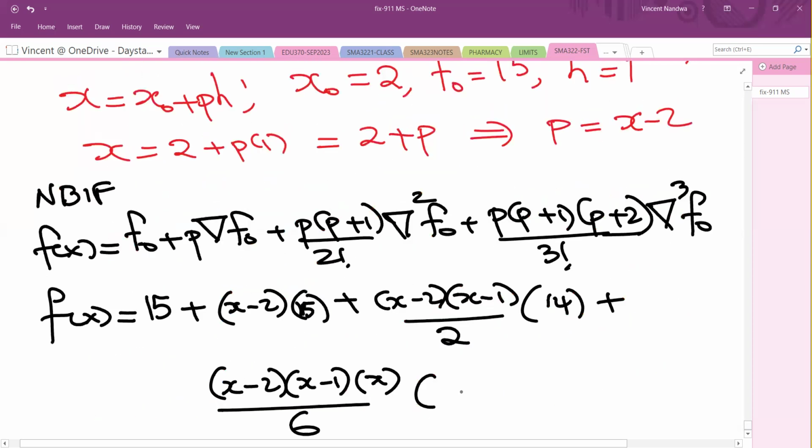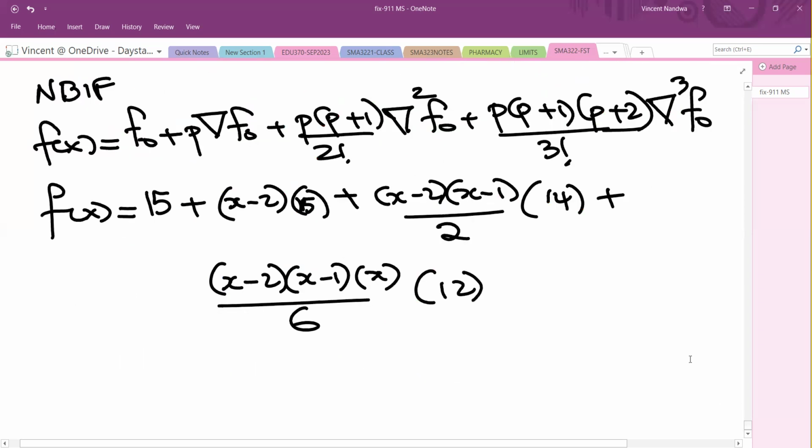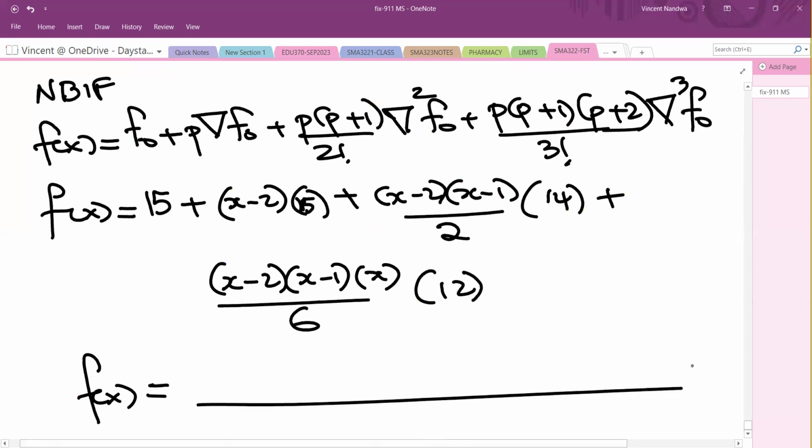I have 12 here. So I want you to simplify and tell me the polynomial that will be obtained for this second case.